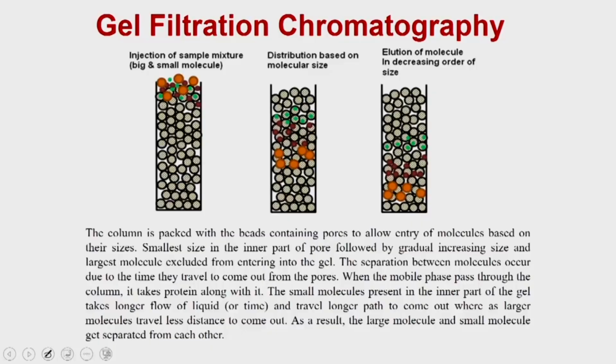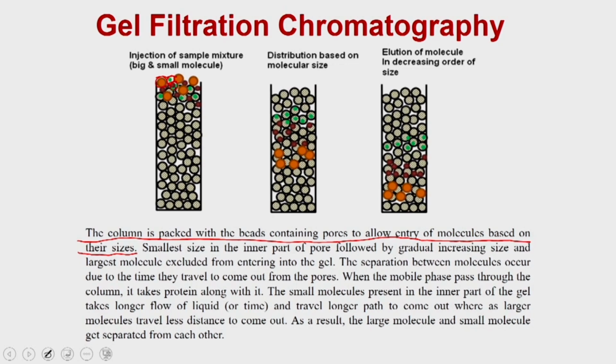Now, let us understand how gel filtration chromatography works. In this particular chromatography, the column is packed with beads containing pores of different sizes, and that is going to allow the entry of molecules based on their sizes. So, you can imagine that you have injected a complex mixture of protein molecules of different diameters, like orange, green, red and so on.